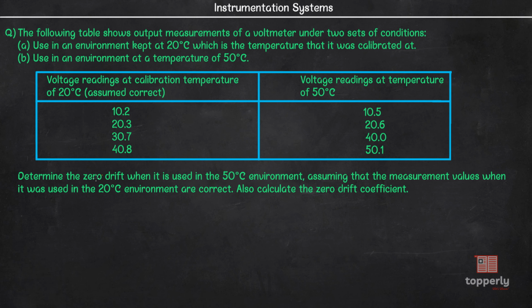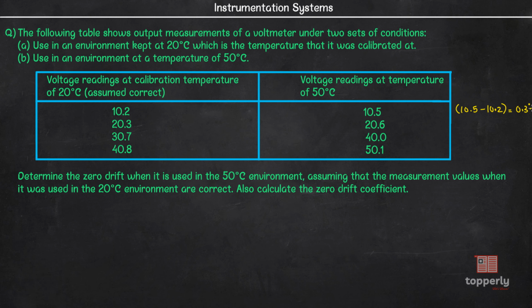We are asked to determine the zero drift when it is used in a 50 degrees Celsius environment, assuming that the measurement values when it was used in a 20 degrees Celsius environment are correct. Also, calculate the zero drift coefficient. Okay, let us first determine the difference between the pairs of output readings. In the first case, the difference is 10.5 minus 10.2, which is 0.3.